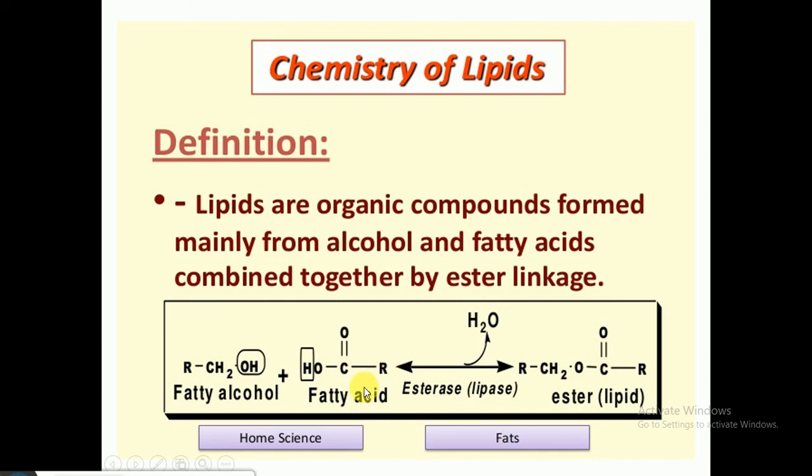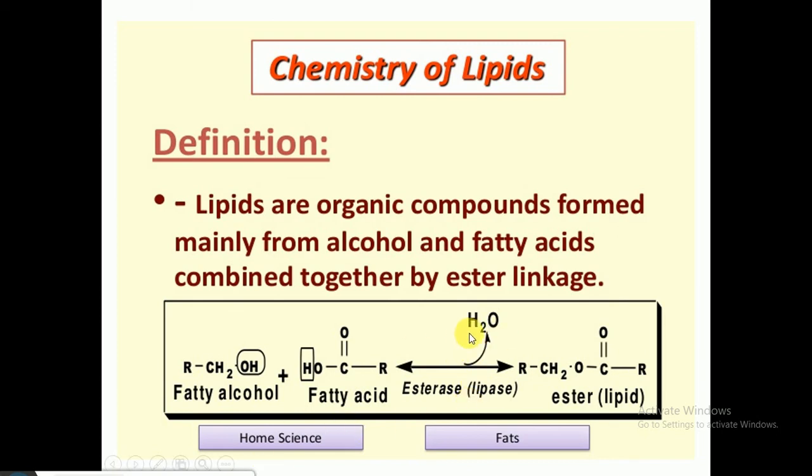After that, these are the reactants which are converted when the fatty alcohol and fatty acid are conjugated to each other in the presence of an enzyme called esterase, or lipase, with the release of water molecules.